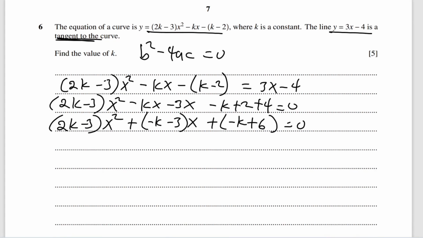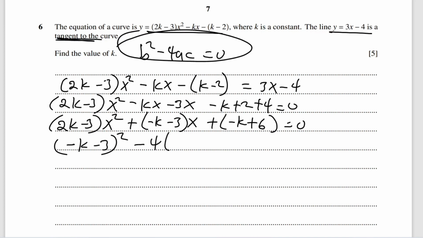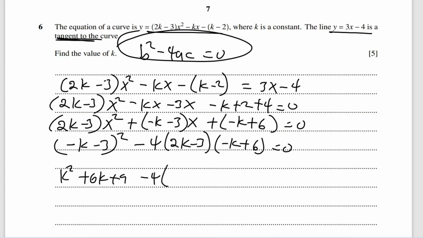In this way, I can argue that (negative k minus 3) all squared, I'm using my discriminant, all squared minus 4 times a times c is equal to 0. So that I can have k squared plus 6k plus 9, negative 4 out.